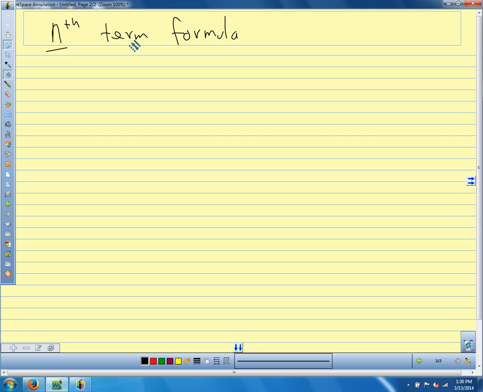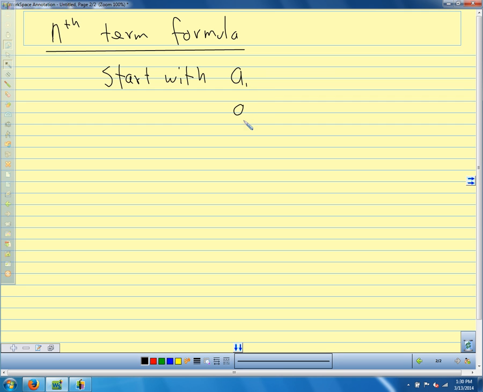So we're going to start with a sub 1, just like we did before. A sub 2, for a geometric series, is going to be a sub 1 times r. A sub 3, we multiply the previous term by r, so a sub 1 times r times r. What does that give us?